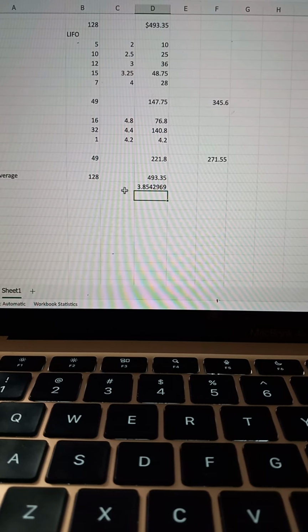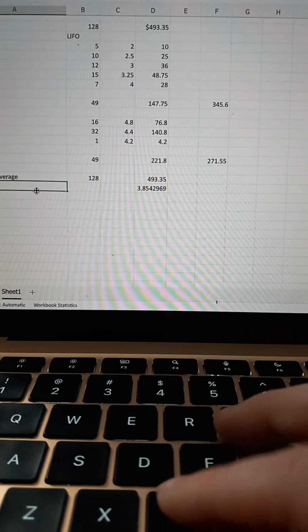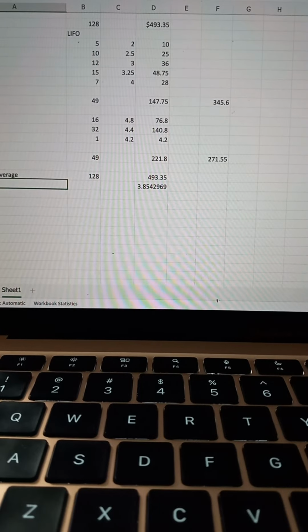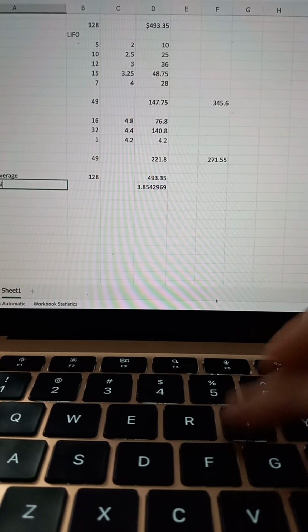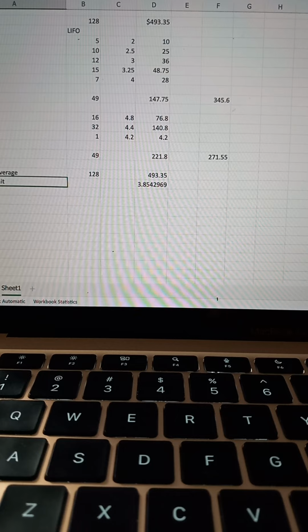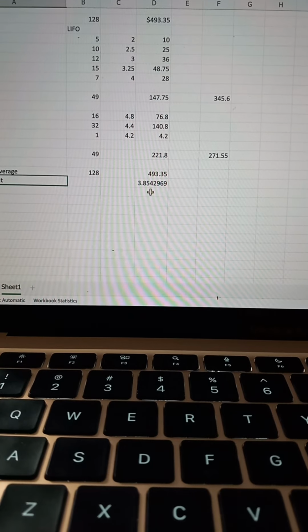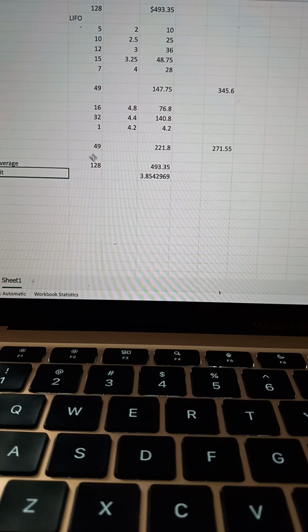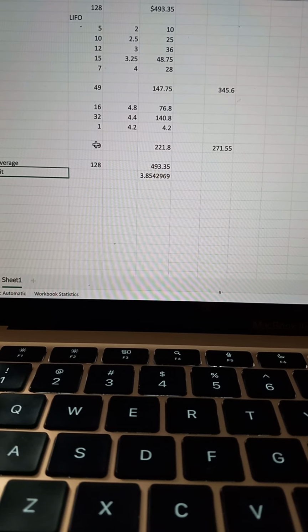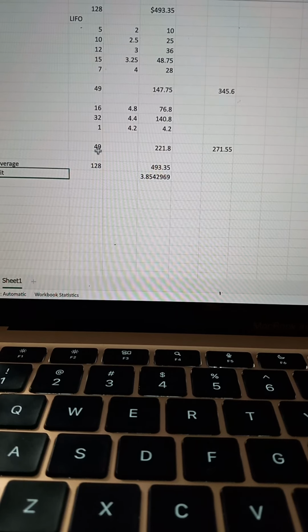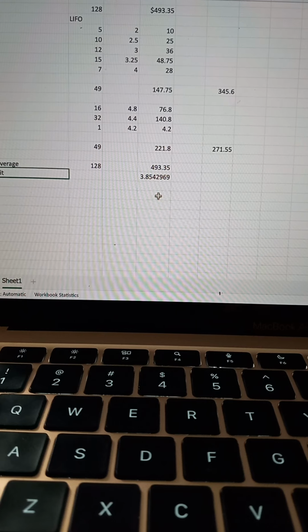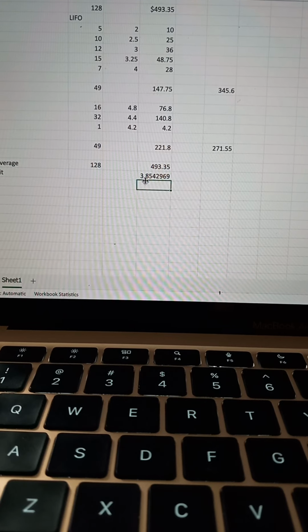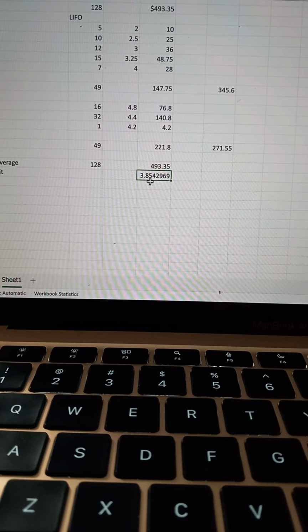And so then what we want to do with that cost per unit is we're going to take it and we're going to multiply it by these 49 units, to find our end inventory.